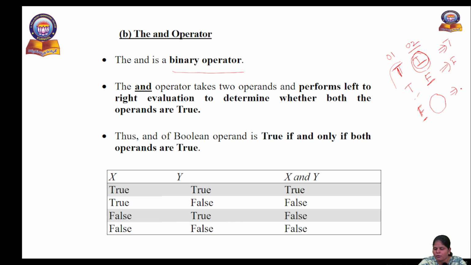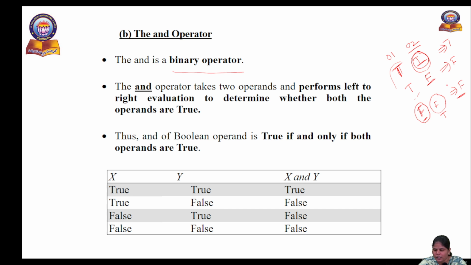The value will be false all the time. Whether the second is false or true, I don't care. If it is false, no need of checking the second operand value. The result will depend on the first operand only.